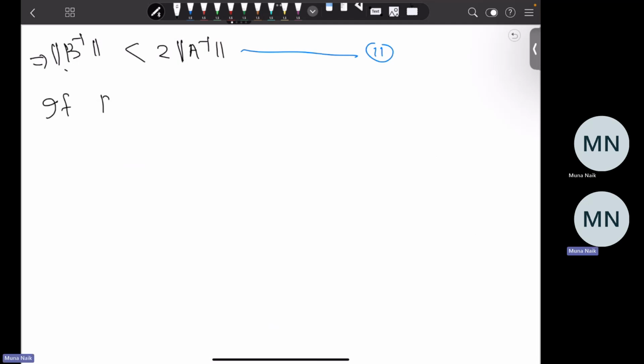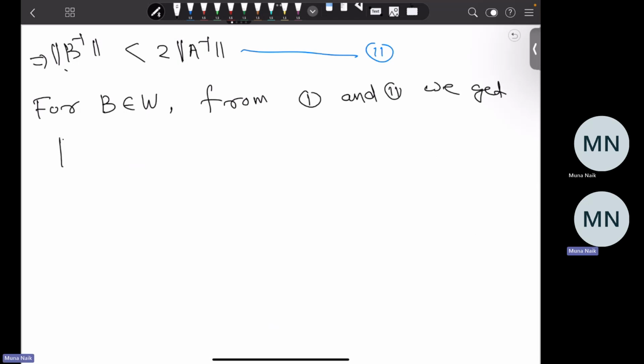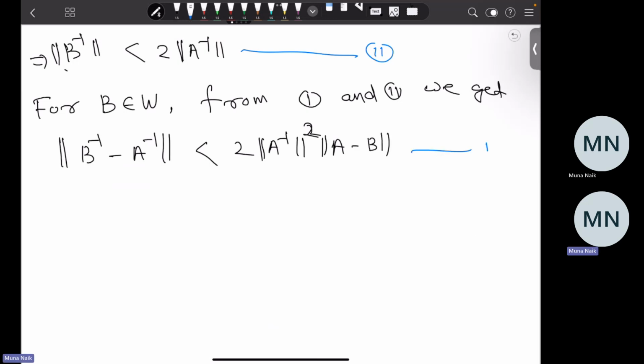So for B belonging to W, from (1) and (2), we get that the norm of B inverse minus A inverse is less than 2 times the norm of A inverse squared times the norm of A minus B. Let's call this (3).